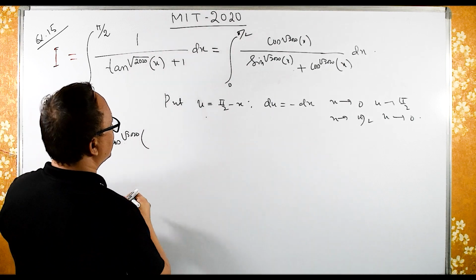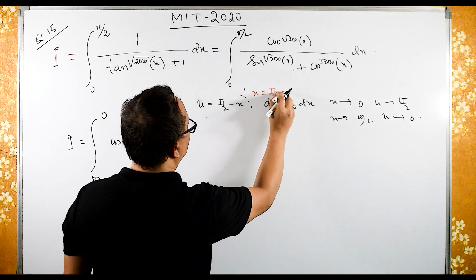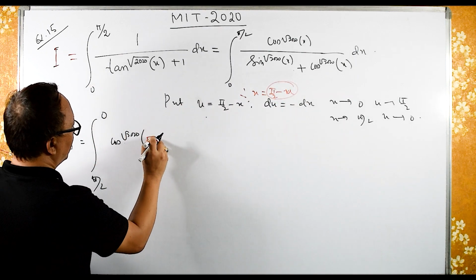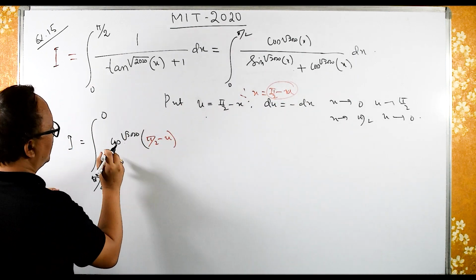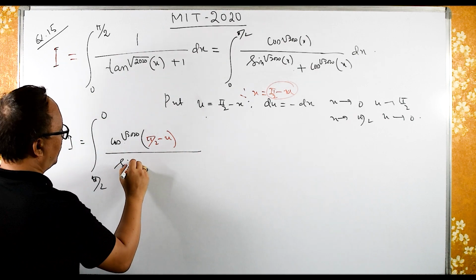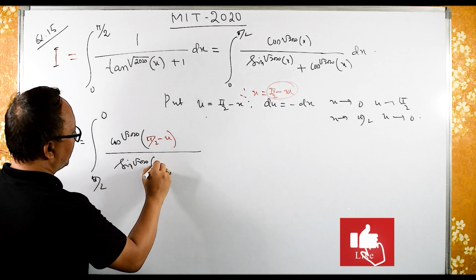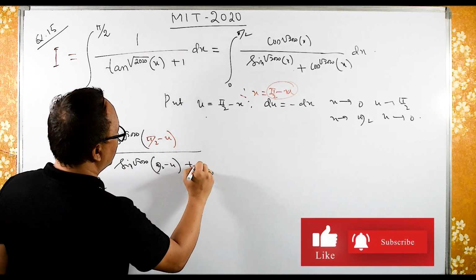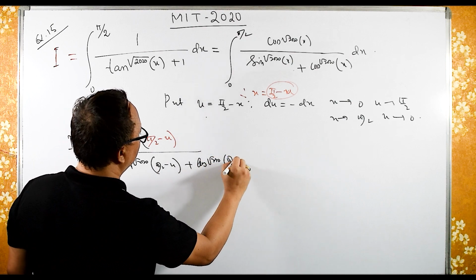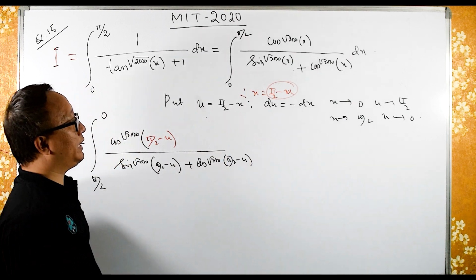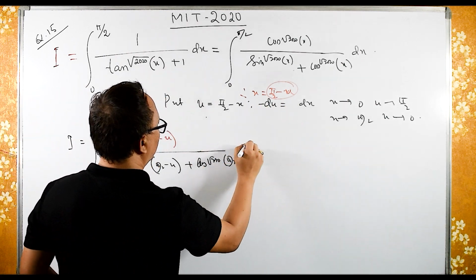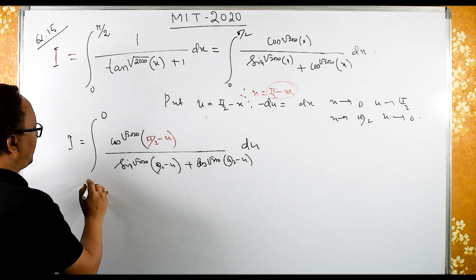What is x? Pi by 2 minus u. So cos of square root of 2020 times pi by 2 minus u, upon sine of 2020 pi by 2 minus u plus cos of 2020 pi by 2 minus u. Instead of dx, we write minus du. This minus will change the limits from 0 to pi by 2.